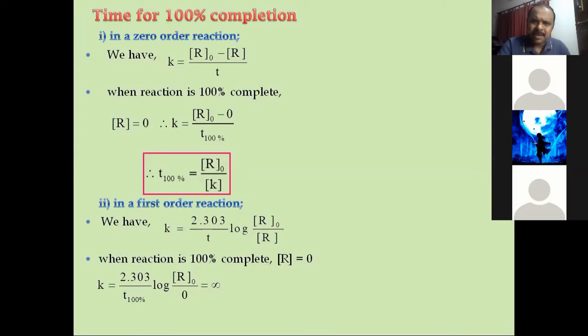What does it mean? Anybody? Can you people elaborate what you mean by this? The reaction never comes to an end. Reaction never comes to an end. What is there in your hands, you can start, that's all. What is not in your hands, you can't end it.